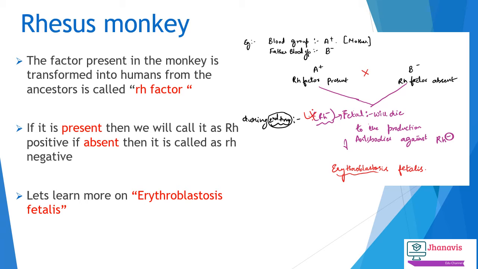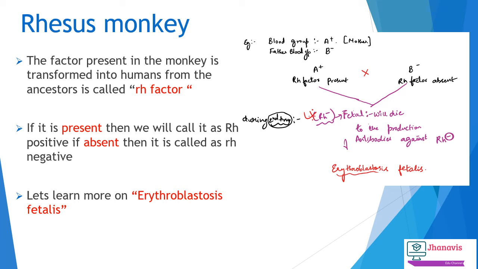I'm explaining with this schematic diagram in which, for example, the mother has the blood group A positive. Here the positive and negative are important, not the groups of the blood. Whereas the father's blood group is, for example, B negative. You can take any one, like O negative, AB negative, or A negative also. It doesn't matter.